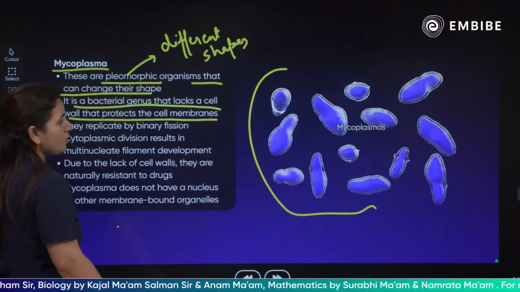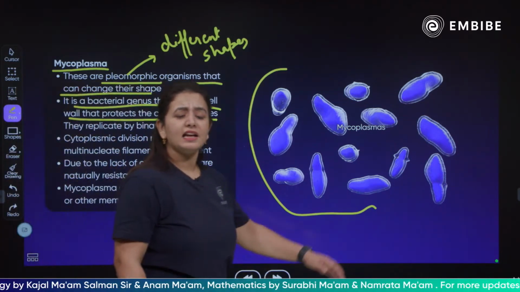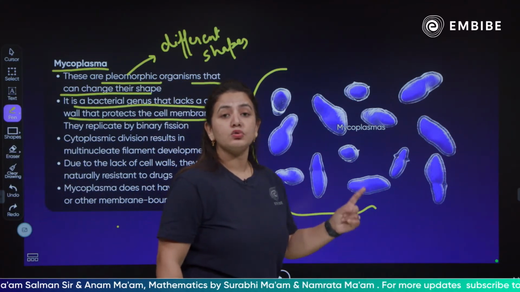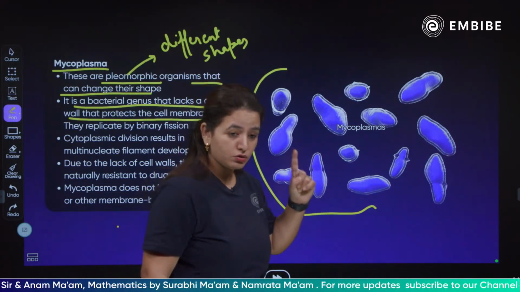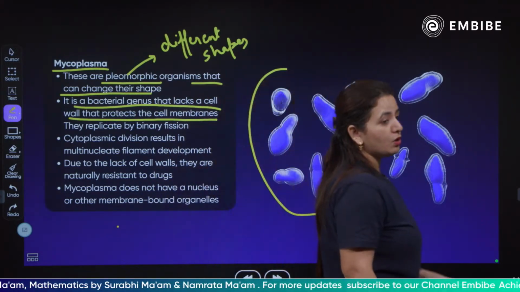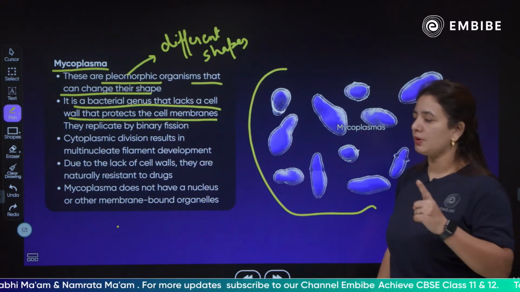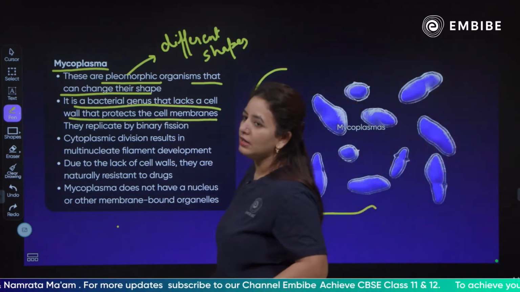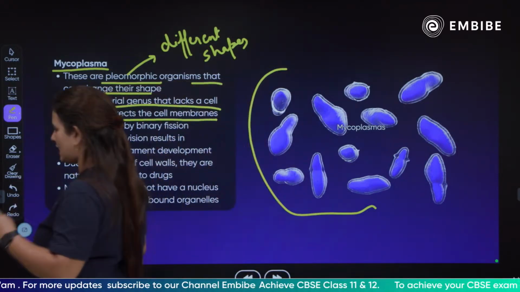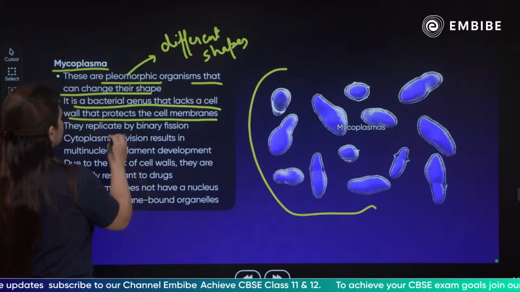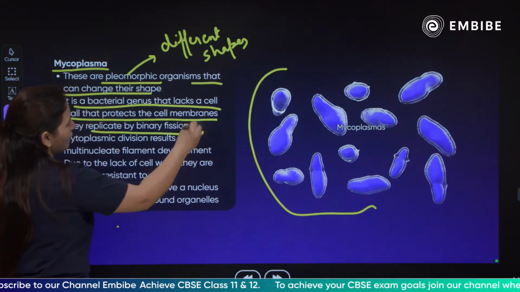This is why the mycoplasma is extremely infectious, because they do not have a cell wall that protects the cell membrane, and they also replicate by binary fission.